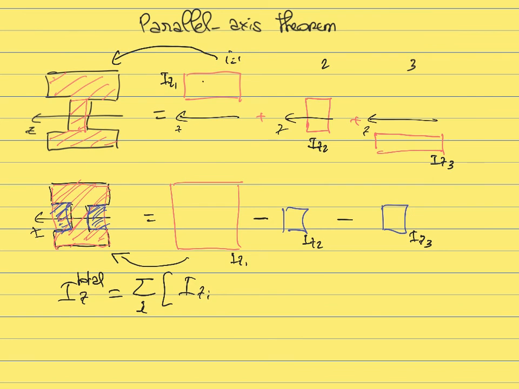And so the first thing that matters is what are the moments of inertia of those 3 rectangles, but this we can calculate easily because those are rectangles, so we have a formula for their moment of inertia.